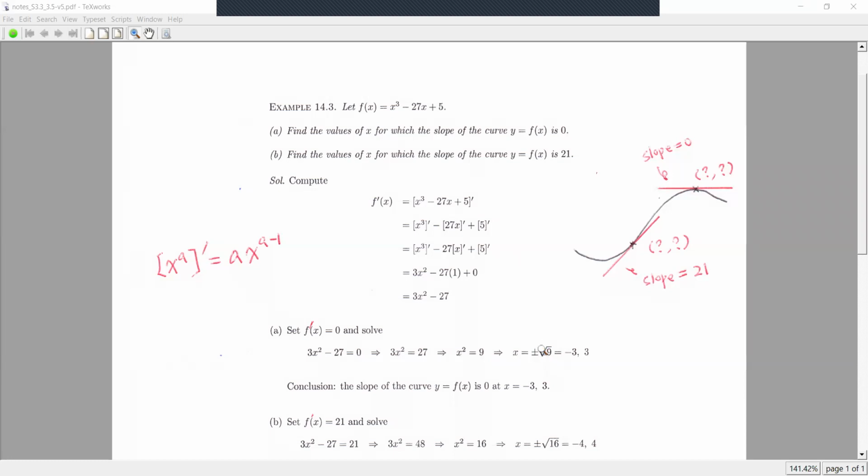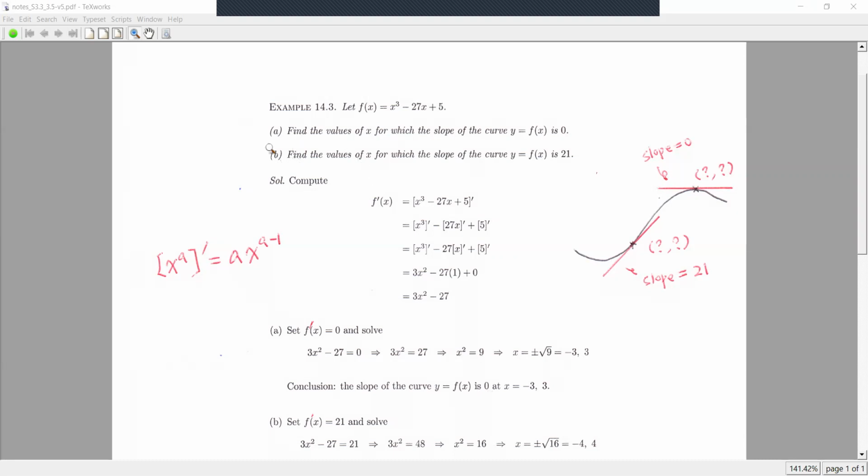When you take square root, don't forget adding plus, minus here. So there are two x values, -3 and +3. Their derivative is 0. Derivative is slope of tangent line. So at these two x values, slope of the graph of the function is 0.